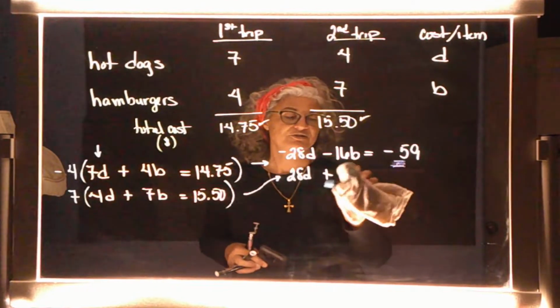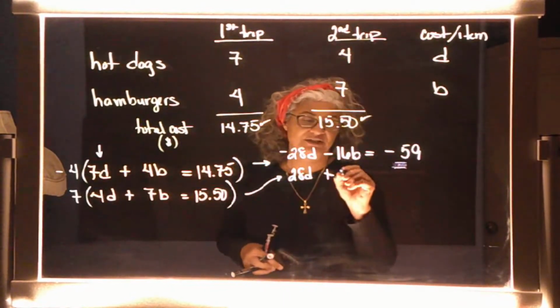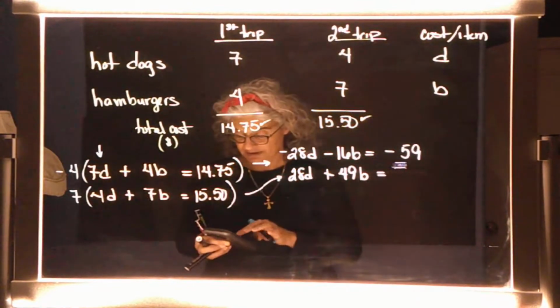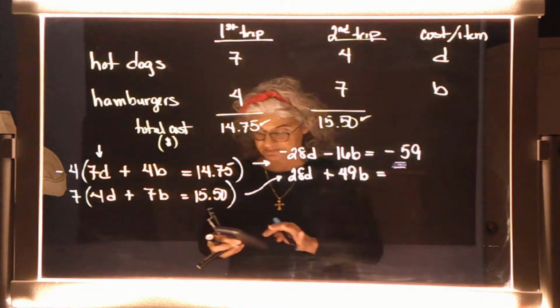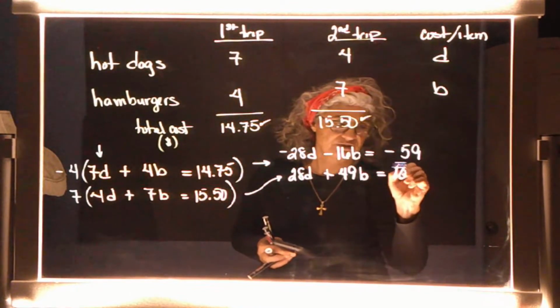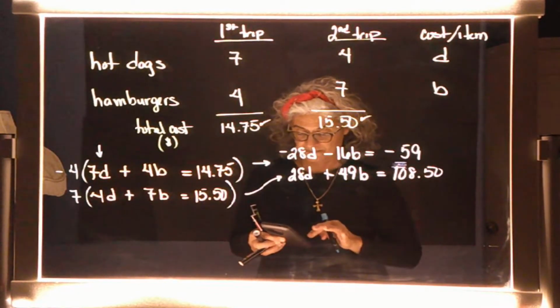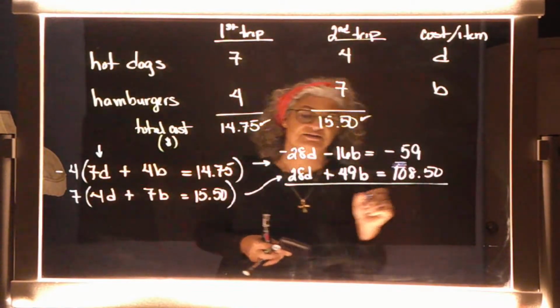See? So I need you guys doing the work with me. 7 times 7 is 49B equals, now I gotta do 15.50 times that 7, right? I end up with $108.50. Do you?